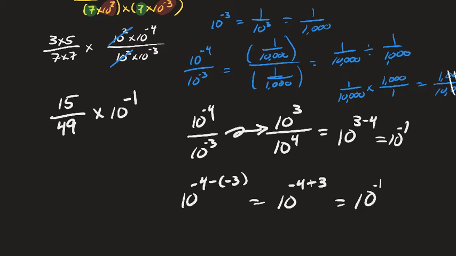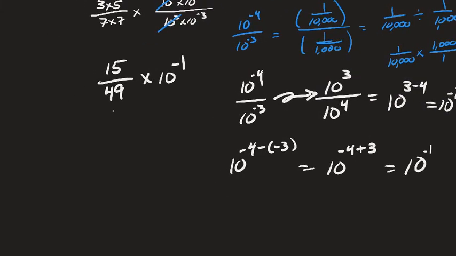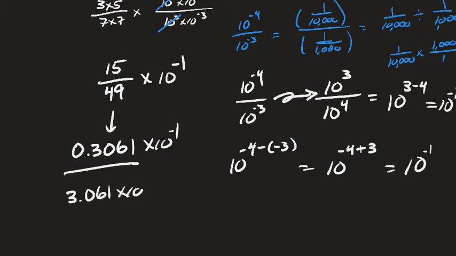And then you need to combine that with 15 over 49, which if you do this in your calculator, you get 0.306. I'll put a 1 there, that's the next number, and times 10 to the negative 1st. Because this is less than 1, it's going to reduce the exponential part by 1 again. I could rewrite it as 3.061 times 10 to the negative 1st.